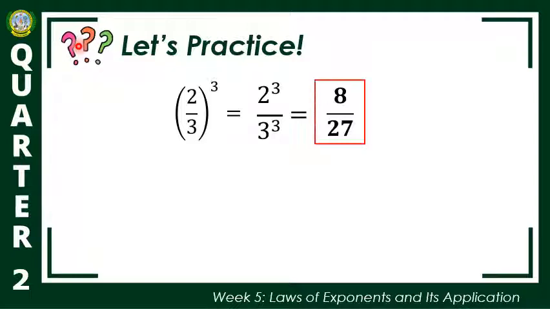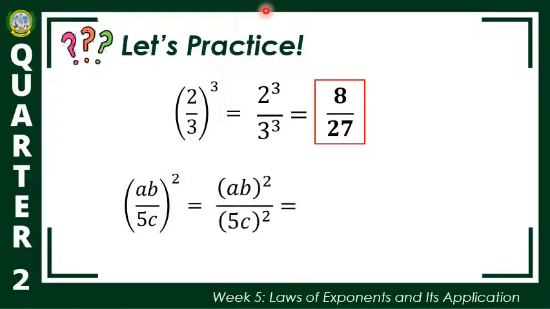So, next example. What is quantity AB divided by 5C squared? Okay, so this time we are going to distribute 2 to AB and to 5C. So, magiging ganito po siya. As you can see, yung numerator and denominator natin, gagamitan naman natin ang power of a product, dahil product po yung nasa loob ng parentheses.